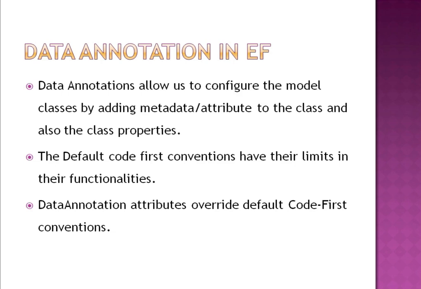So it overrides the behavior of the default Code First convention. And definitely we can use a combination of both. You can use the default Code First convention, and whatever things you cannot do with it, you can define with data annotation. So we can use a combination of both.